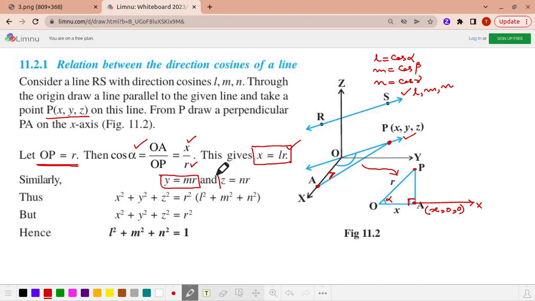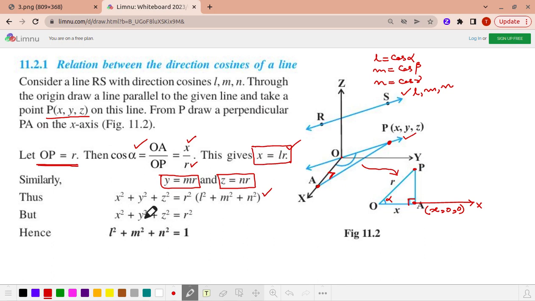Now if we square the left hand side and add, that means x square plus y square plus z square, that should be equal to R square into L square plus M square plus N square, obviously. Now what is x square plus y square plus z square? That is nothing but R square.